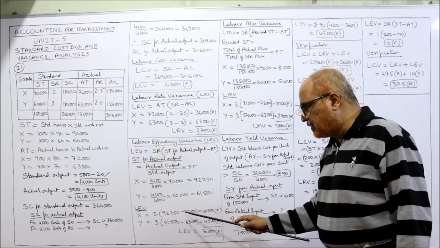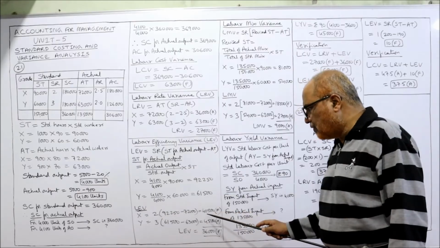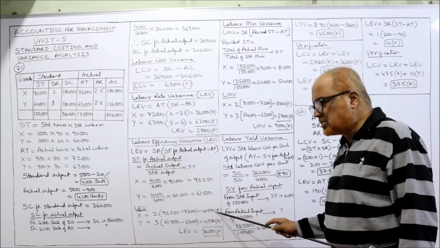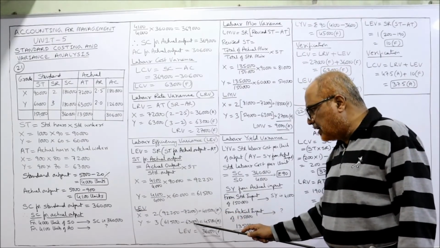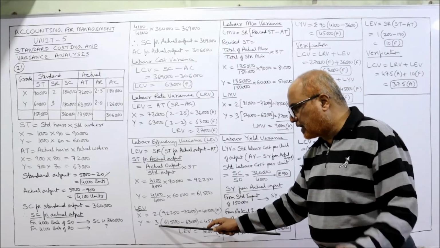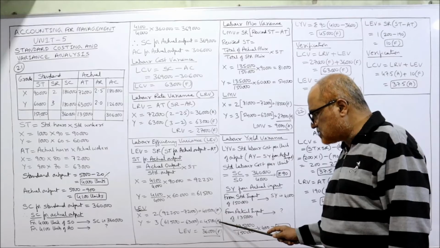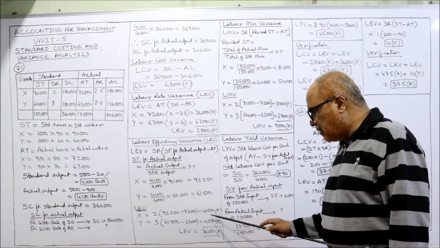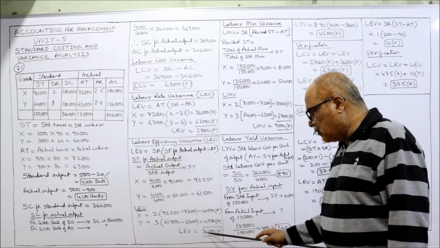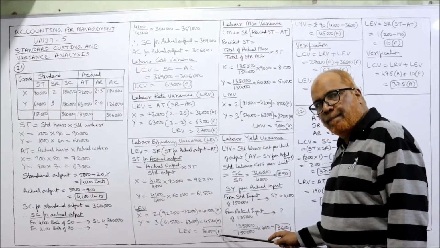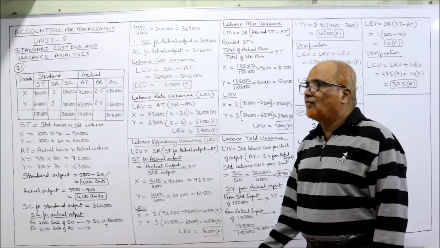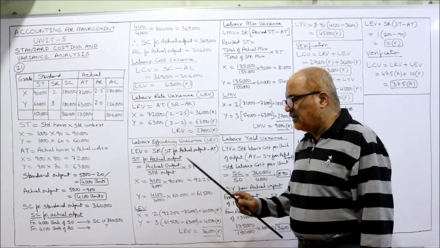Now 92,250 minus 72,000 into 2, 40,500 favorable, positive. 61,500 minus 63,000 into 3, you are getting negative, 4,500 negative. Negative means adverse. So 40,500 minus 4,500, you will get 36,000 favorable, positive. So we got LCV, LRV, LEV.